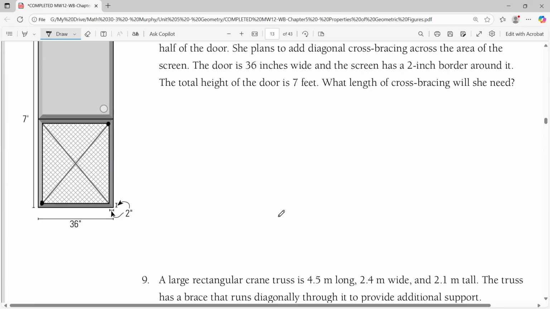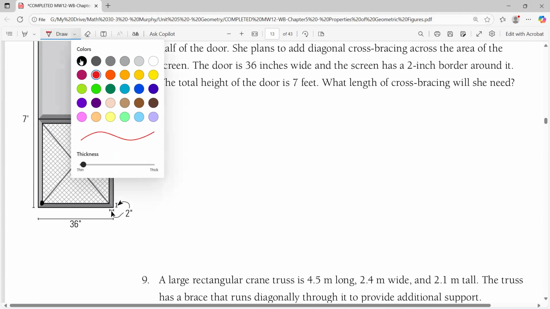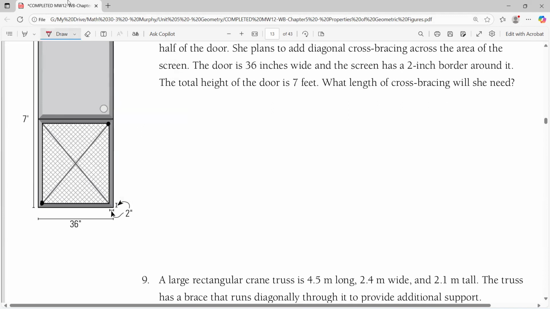And I would think the best way would be to figure out the length of this, the length of this piece, and then find the hypotenuse of the triangle, which would be the cross member.